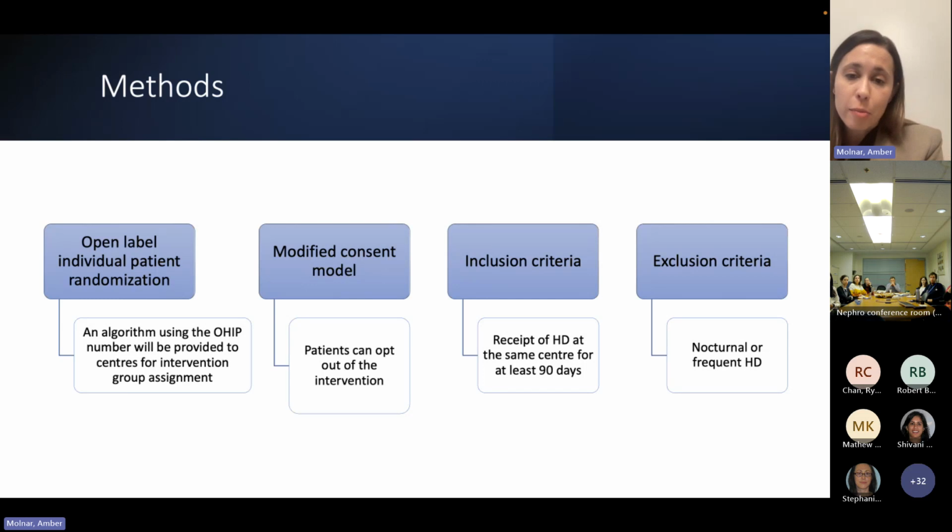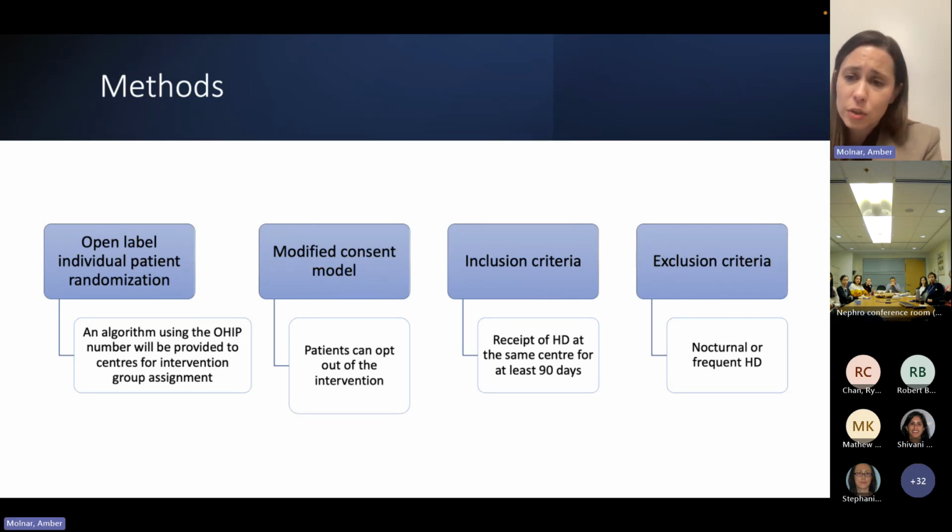We plan to have very broad inclusion criteria. One of the goals of this trial, being pragmatic, is that we really want to include a diverse patient population, and we aim to include patients that are often excluded from research, such as those with cognitive impairment, and we want to maximize the generalizability of our findings.